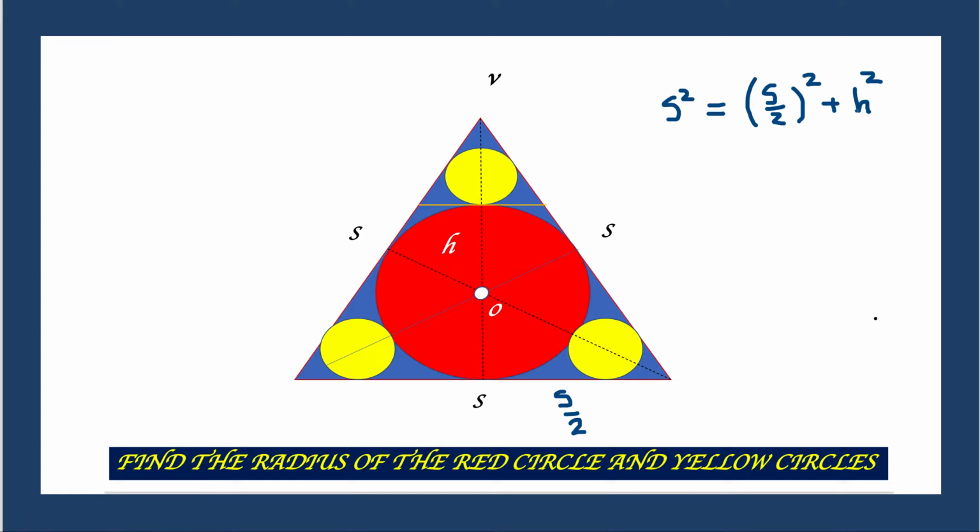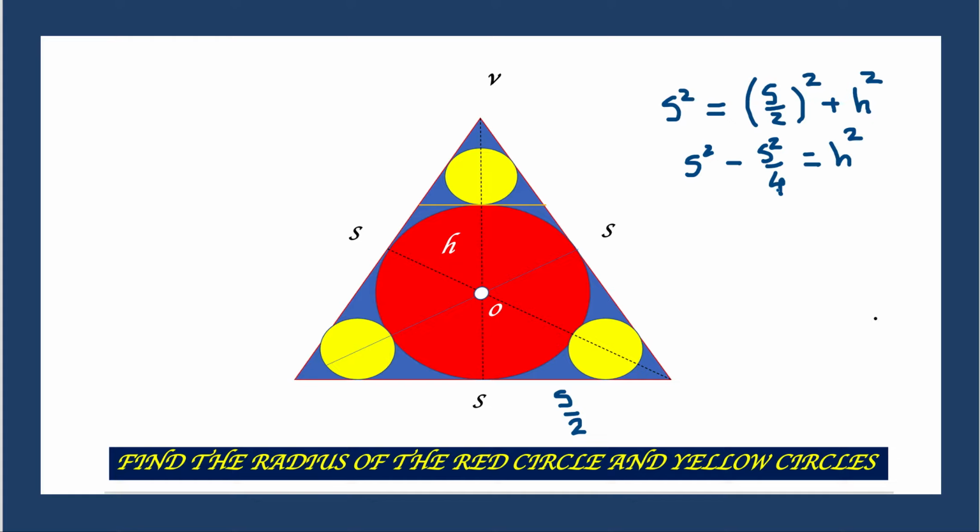And now if we are finding the h, we are subtracting s over 2 squared from everything, and it's going to be s squared minus s squared over 2 squared, which is s squared over 4. And now this is equal to h squared.